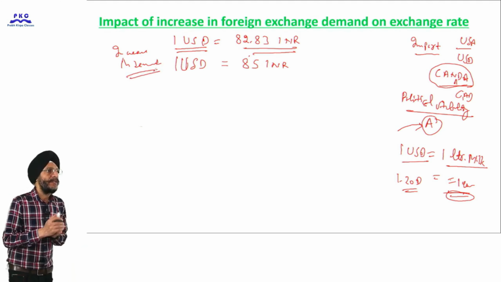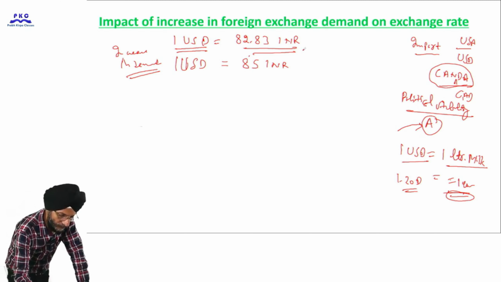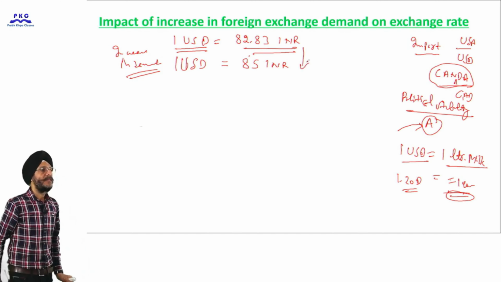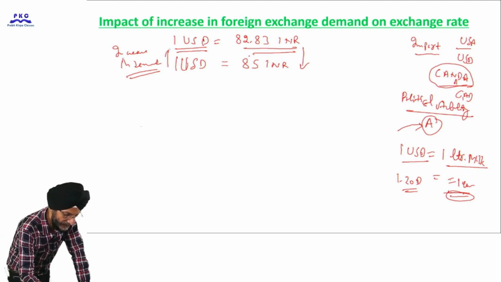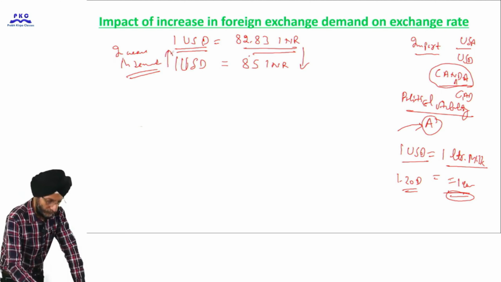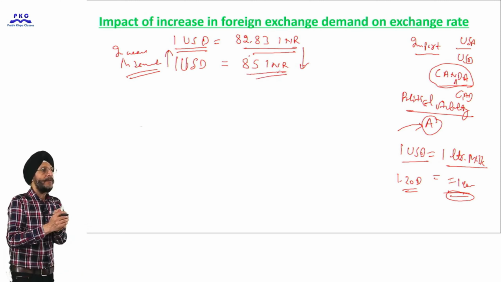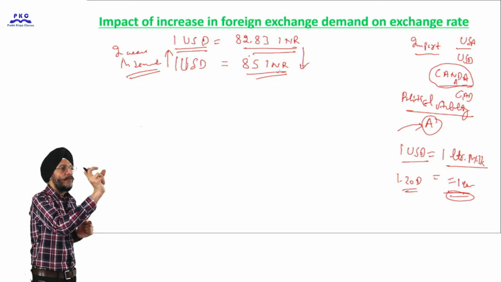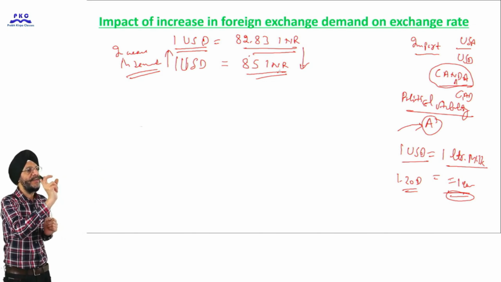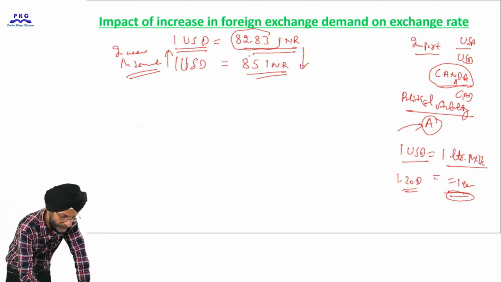if there is increase in demand. So what has happened? In the case of increase in demand, the value of domestic currency has decreased. The value of foreign currency has increased. We are from India, so the value of domestic currency is decreasing, because to get $1, we will have to pay 85 Indian rupee, which earlier we used to pay 82.83.